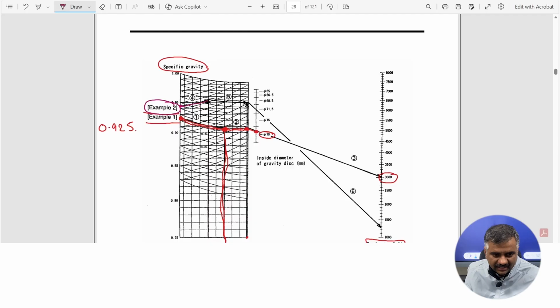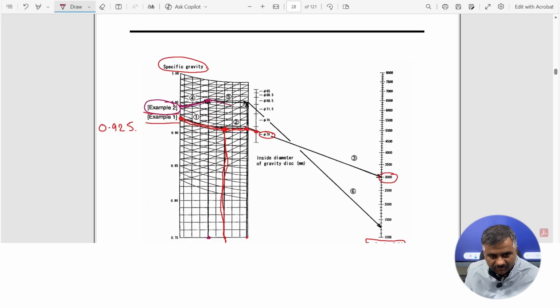Instead of taking a downward curve like this or this, we are taking an upward curve and matching it at the 50 degrees centigrade line. We have drawn a line perpendicular to the 50 degrees centigrade line and we match it with the upward rising curve. From the upward rising curve we match it here and then follow. Now we came to the point where we are aware of the specific gravity at a certain temperature on the nomogram.